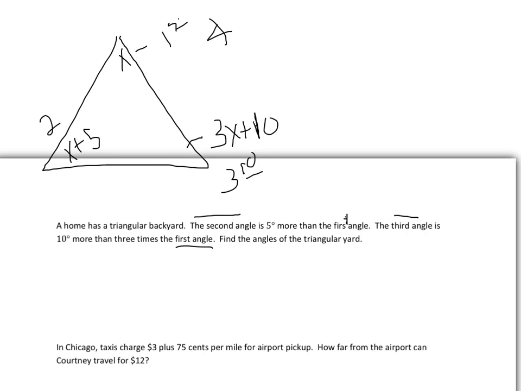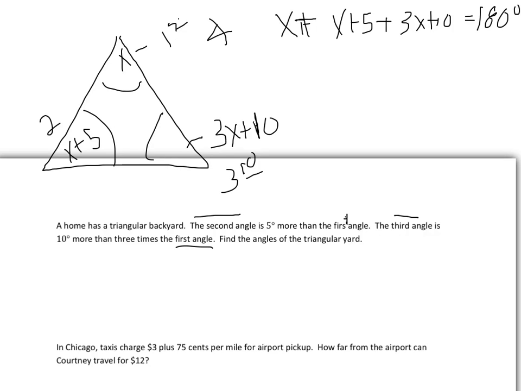Now, we should probably know that if we add up the interior angles, that angle together with that angle with that, we get 180. So we can add these angles, the first one being x, plus the second one, x plus 5, plus the third one, 3x plus 10, this should equal 180, the total number of degrees in a triangle.